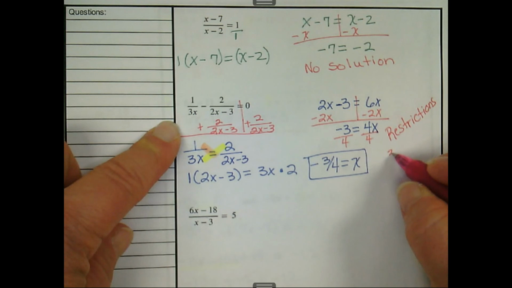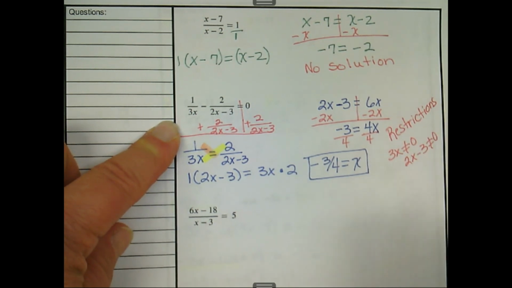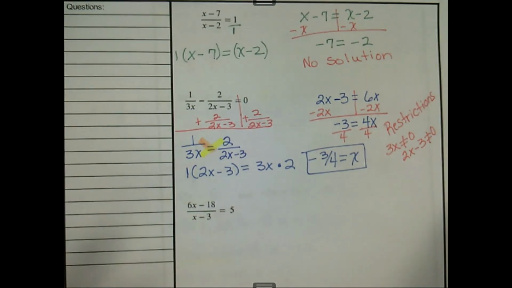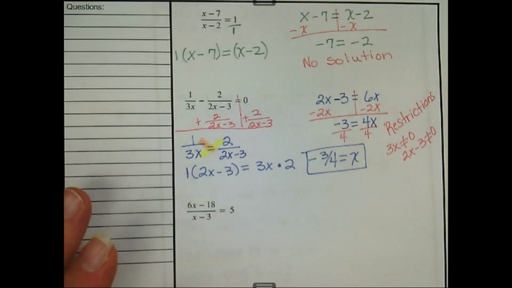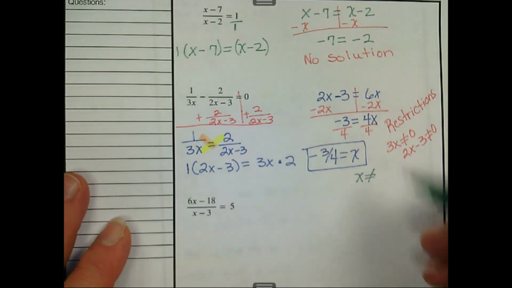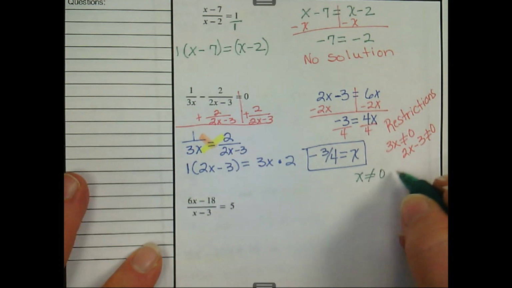I know that 3x cannot be equal to 0. 2x minus 3 cannot be equal to 0. Those are my two restrictions. So x cannot be equal to, what times 3 gives me 0? That would be 0.